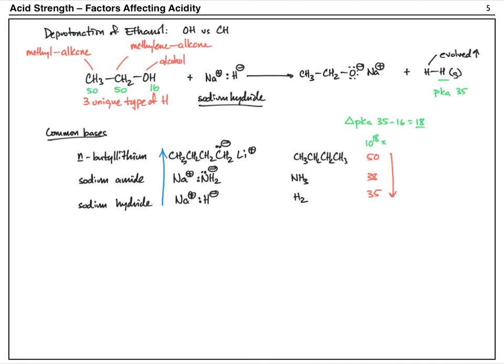So as an example of what not to do, in our consideration of ethanol above, we already determined the pKa's of those functional groups.